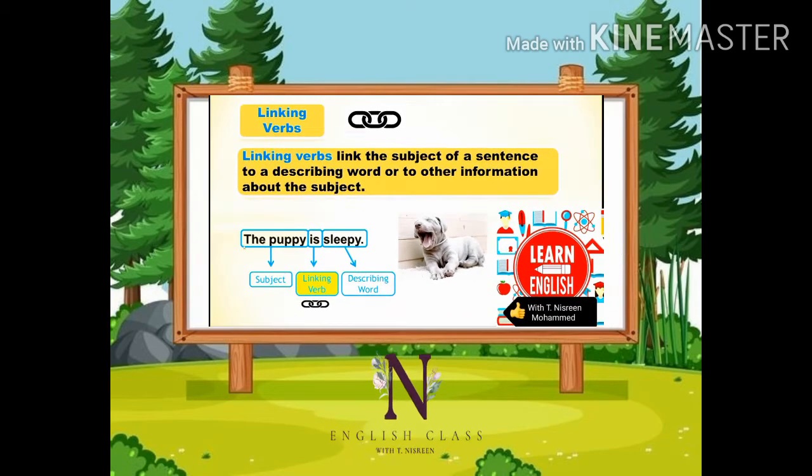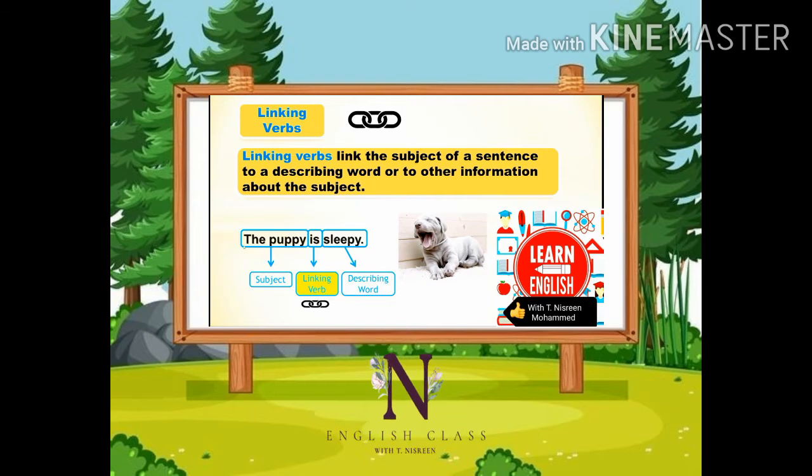Okay, so now it's time to talk about linking verbs. Linking means connecting. Let's read what they are. So the linking verbs link the subject of the sentence to describing words or to other information about the subject. It is so simple. Let's look at this example. The puppy is sleepy.